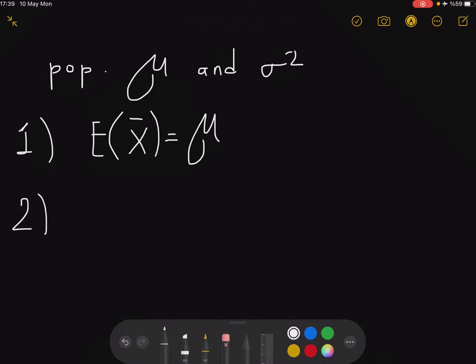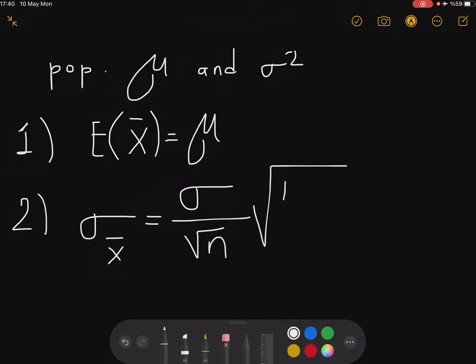The second one is the standard deviation of arithmetic mean gives us information about the precision of the mean. In fact, it is represented with this formula. We're not proving anything here, but let me write them just to give you an idea.